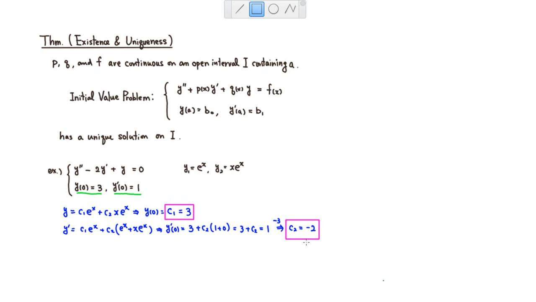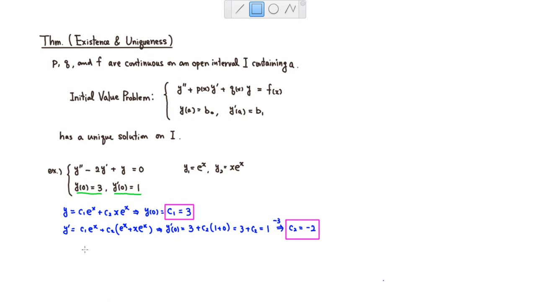Remember that any linear combination of the two solutions is still going to be a solution of the differential equation. On top of that, we chose c1 and c2 appropriately so that it also satisfies the initial value conditions.